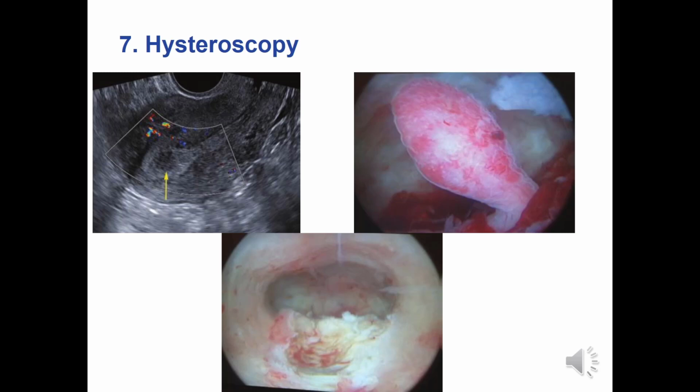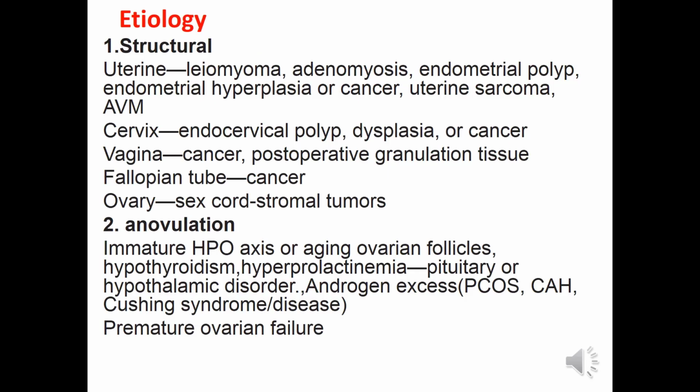Etiology. Number 1, structural: uterus, as leiomyoma, adenomyosis, endometrial polyp, endometrial hyperplasia or cancer, uterine sarcoma. Cervix: endocervical polyp, dysplasia or cancer.